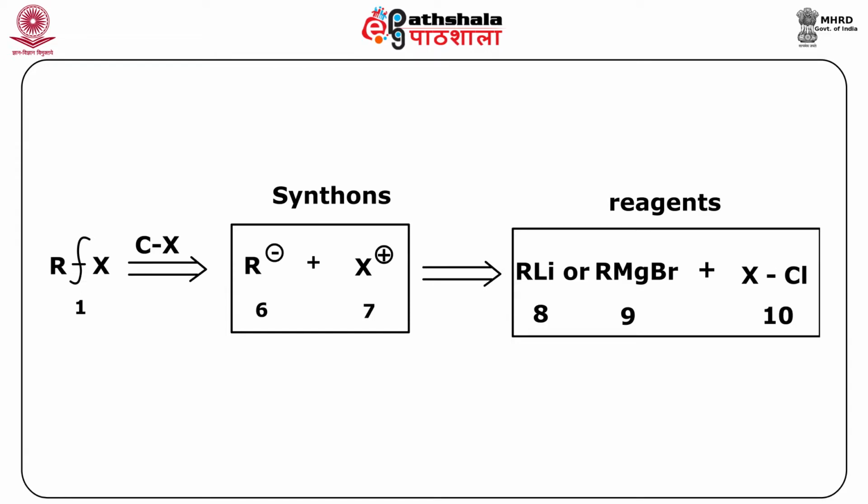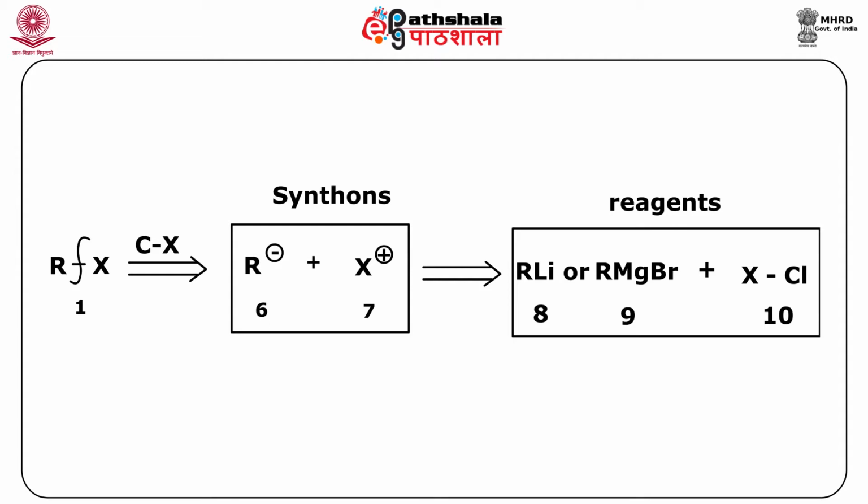Alternatively, there is also a possibility to use the reverse polarity with the nucleophilic carbon synthon and an electrophilic heteroatom synthon. These types of disconnections are possible only with second or third row elements such as sulfur, silicon, phosphorus and selenium.